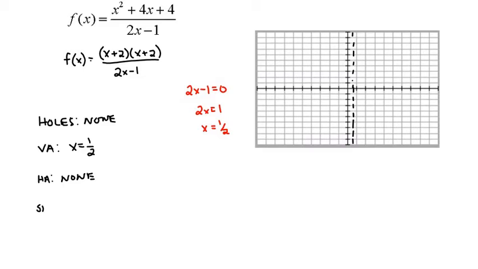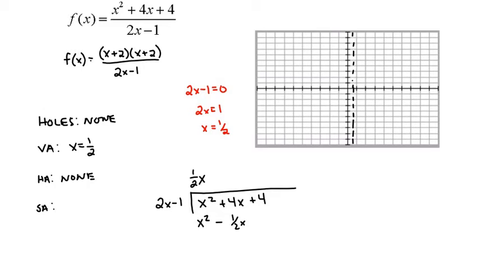And then the slant asymptote is, I think, the hardest slant asymptote that we have in the examples, because this one you have to do 2x minus 1 into x squared plus 4x plus 4. How do you turn a 2x into an x? It's actually 1/2 x. So this becomes x squared minus 1/2 x.